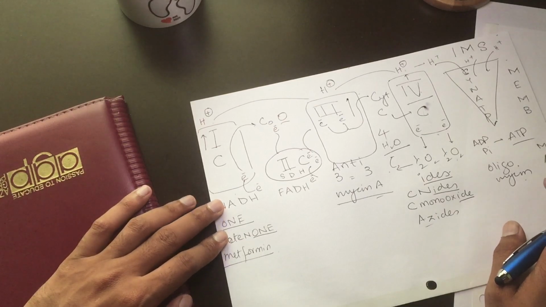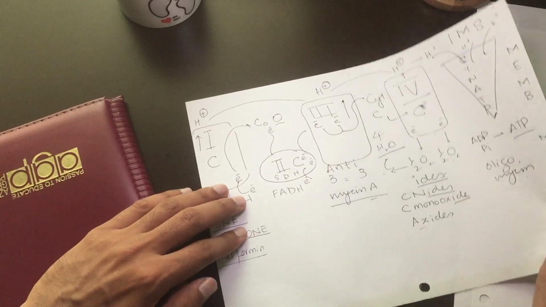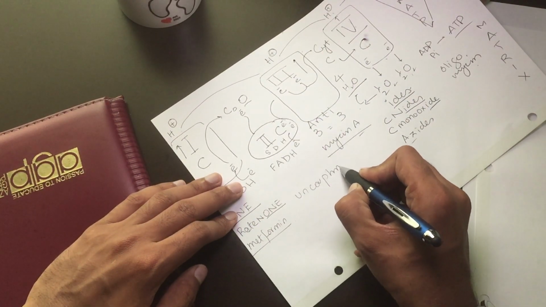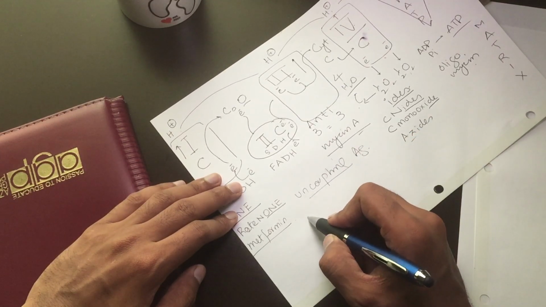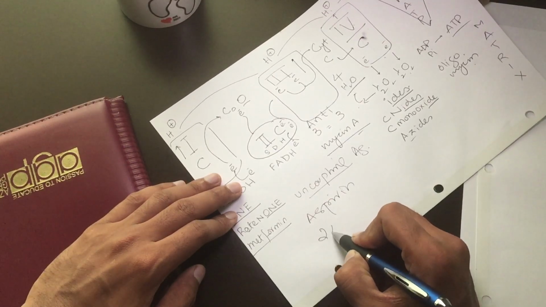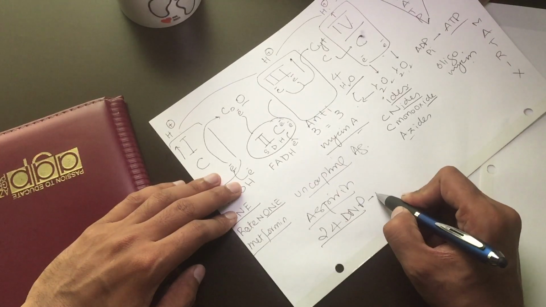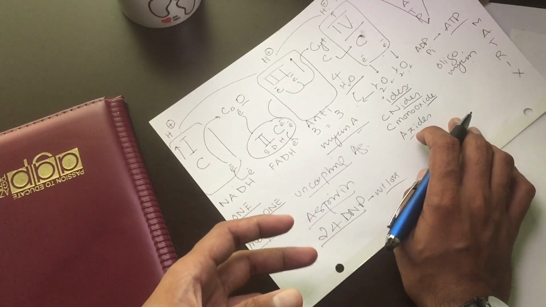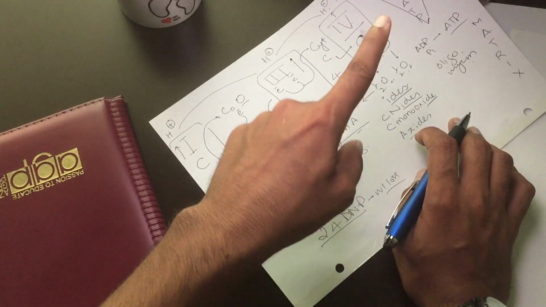There is also a category known as the uncoupling agents. These uncoupling agents are aspirin and also 2,4-dinitrophenol. Dinitrophenol was also used in weight loss therapy.